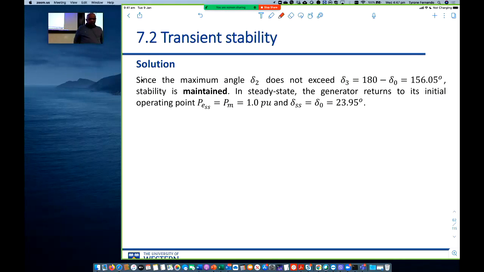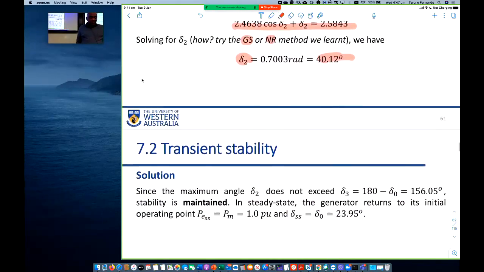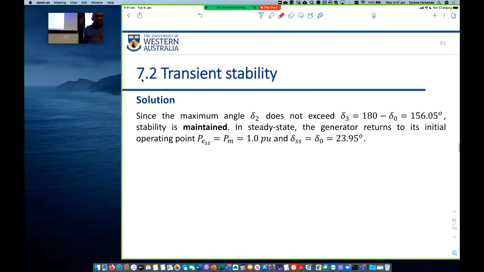So the maximum angle delta 2 does not exceed 180 minus delta naught. Because if it exceeds 180 minus delta naught, you're at the rightmost intersection point on that sine curve with the PM curve, right? So if delta 3 is less than 180 minus delta naught, then the system is transiently stable.